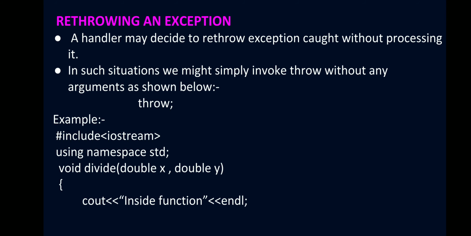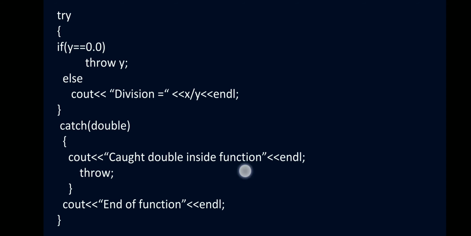I have written a function called divide with two double values x and y. We are dividing x by y. If the value of y is 0, then we'll throw an exception, otherwise not.